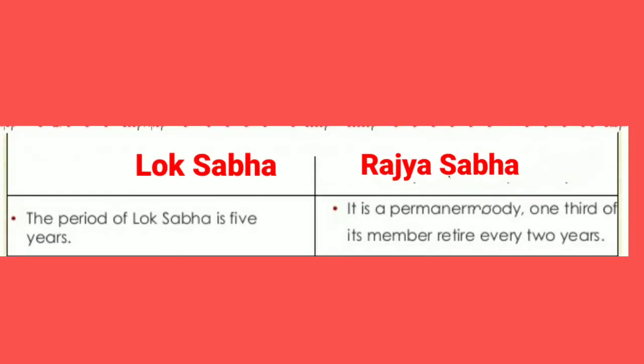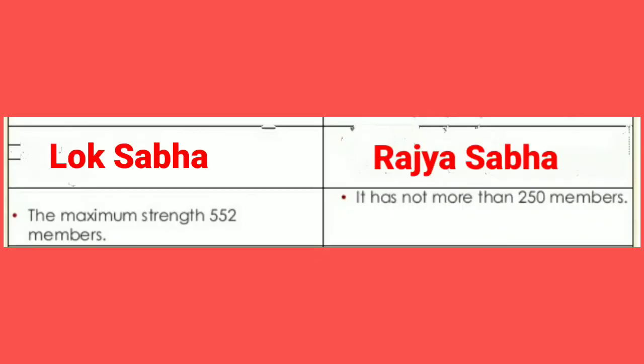The period of Lok Sabha is 5 years. Rajya Sabha is a permanent body. One-third of its members retire after every 2 years. The maximum strength of Lok Sabha is 552 members. The Rajya Sabha has not more than 250 members.